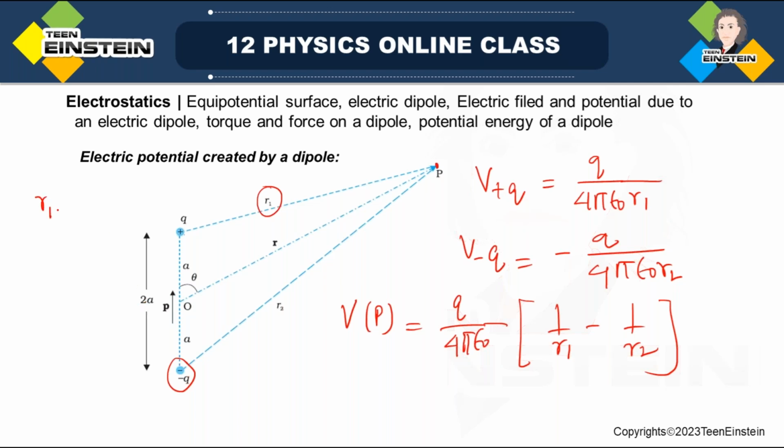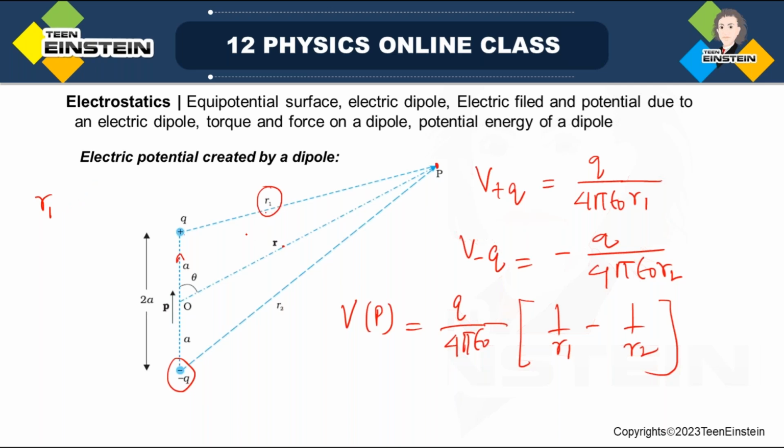If I go with vectors, this is R1, this is R, and this is A, and I have to find out the angle between A and R. A is this way. We know from the triangle rule, you can find this out.